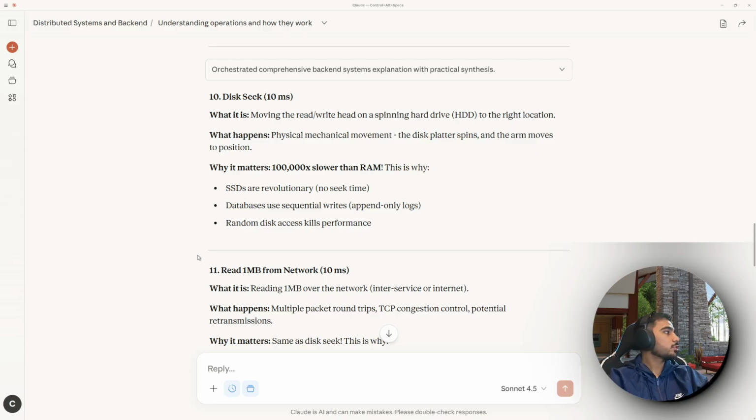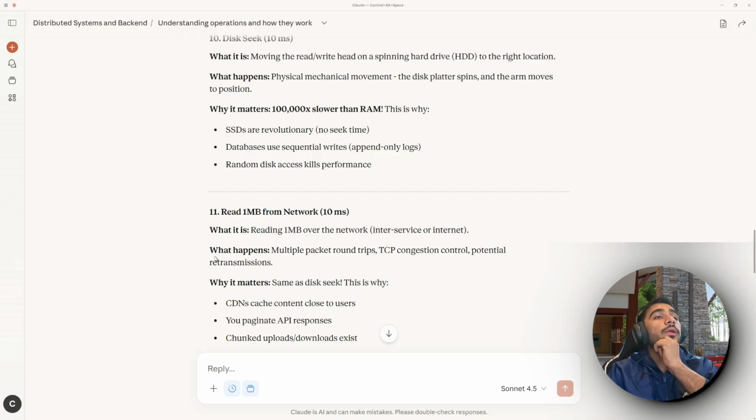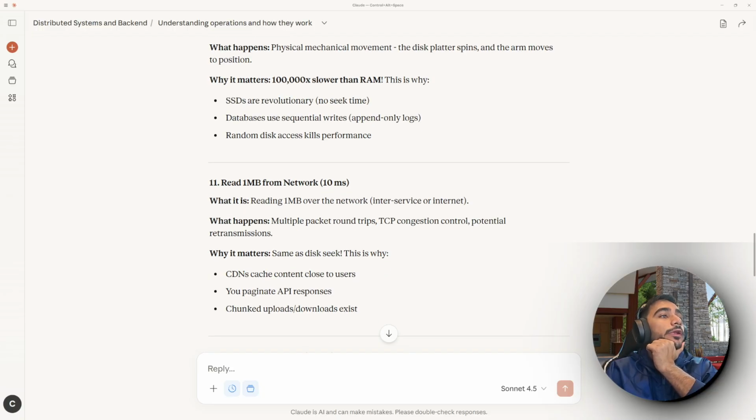Okay, so reading 1 MB from network. All right, so when we try to read 1 MB over the network, inter-service or internet, what happens? Multiple packet round trips, then TCP congestion control, potential retransmissions in between. So that is what is happening here. Now why it matters?